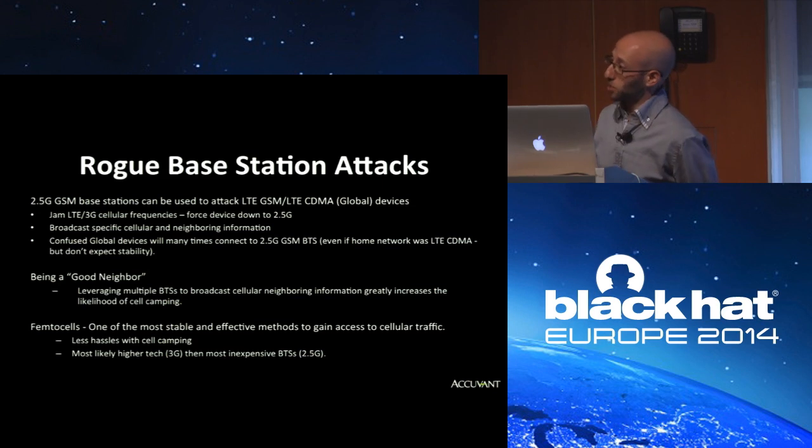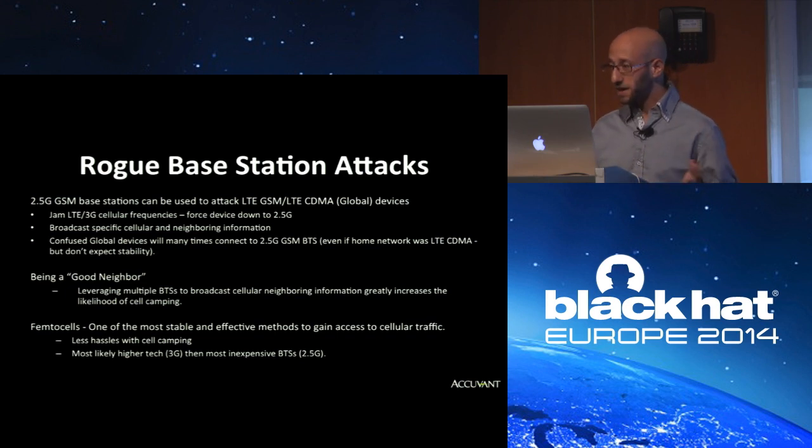To improve things, you broadcast certain neighboring information. These devices get confused, and even though they may have come from a CDMA LTE network, if they support global mode, chances are they will drop down to your base station. It wouldn't be stable for very long, but enough to do what you need to.